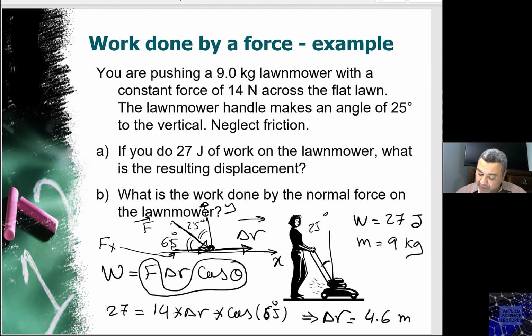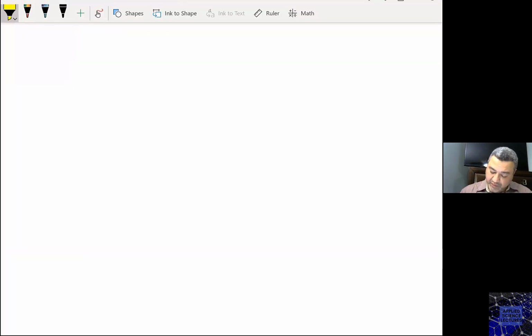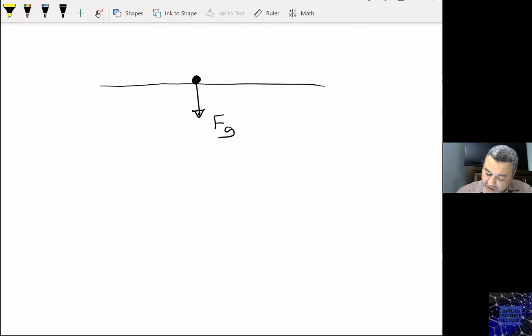Now, what is the work done by the normal force on the lawnmower? The normal force is perpendicular. If you think about it, again, if this is the lawnmower that we talked about, represented by this dot, then this is the gravitational force, Fg.